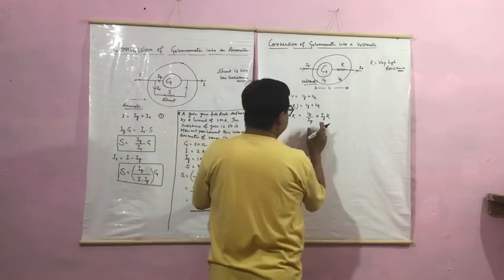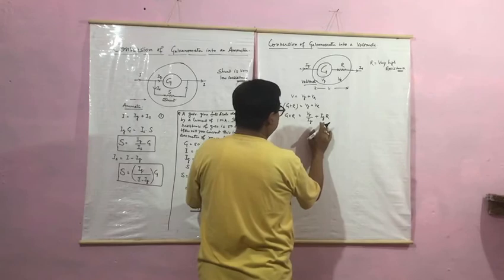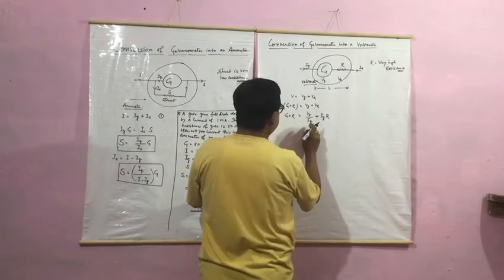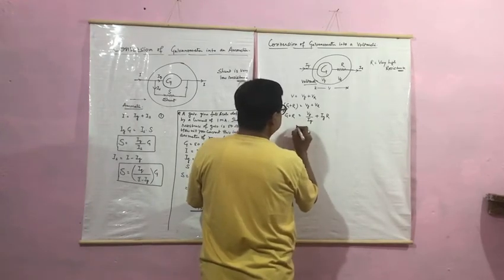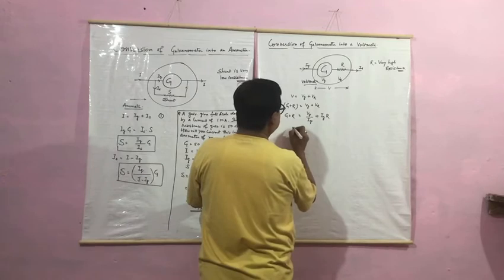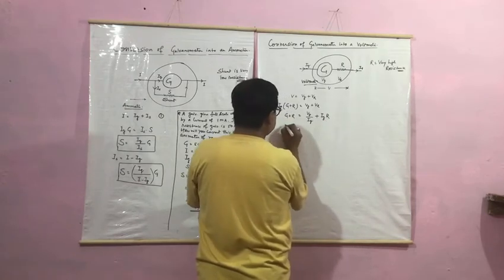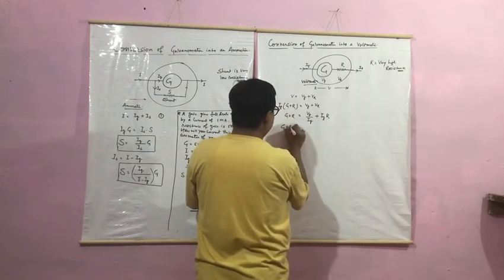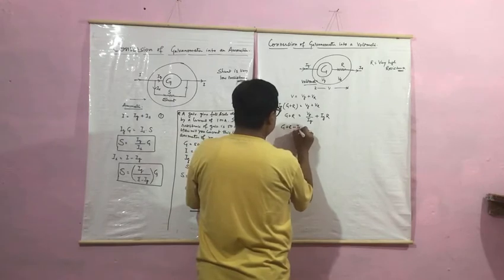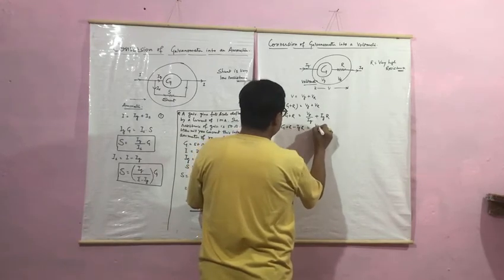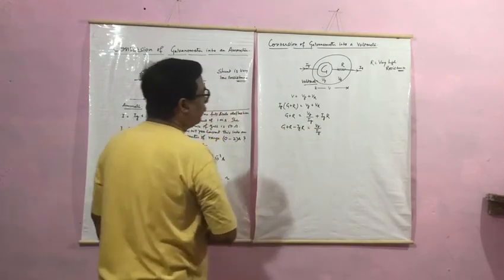So we have to solve this. R is here. So Vg upon Ig, we can put this G plus R minus Ig into R is Vg upon Ig. And what is this Vg upon Ig?